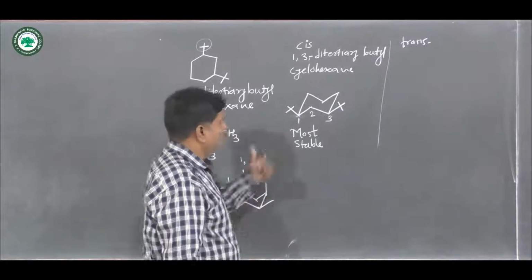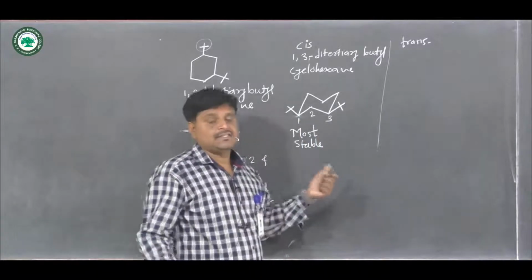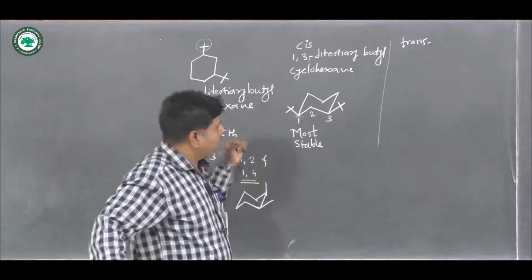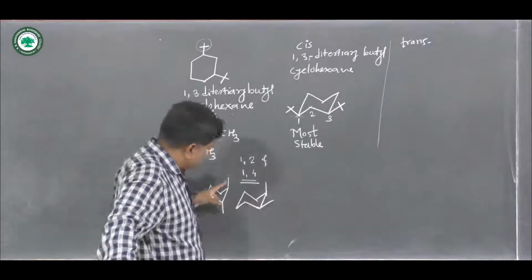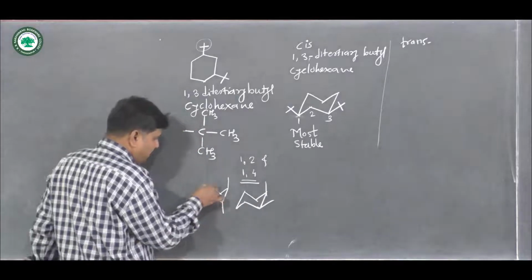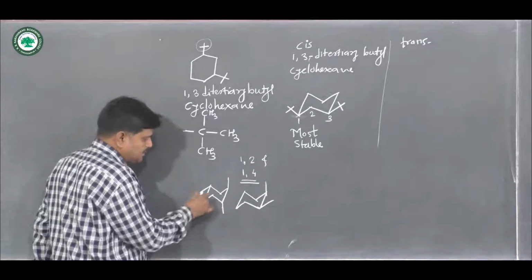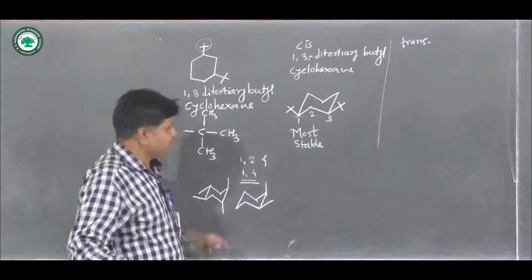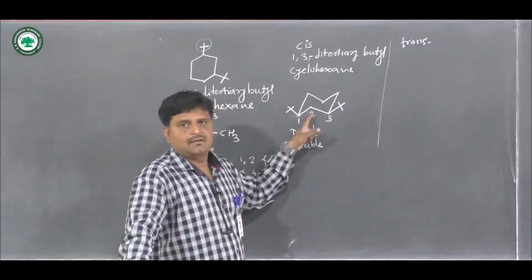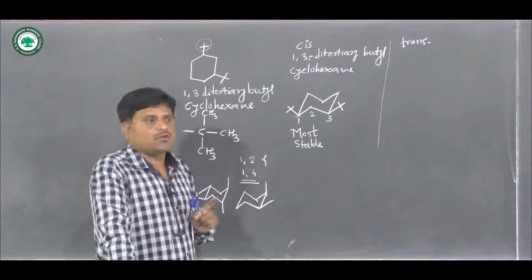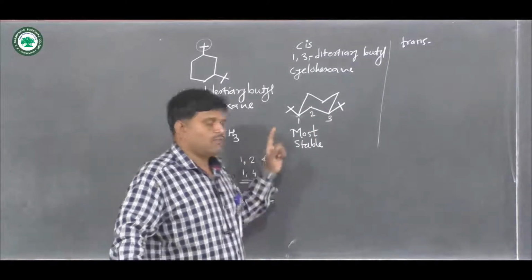But when we go for the 1,3 cis compound, both bonds are diequatorial, and here this is the diaxial. If we go for this bond, these are diequatorial, which is trans. But here we say this is cis, but there is no axial and equatorial combination, because these are the 1,3 positions.